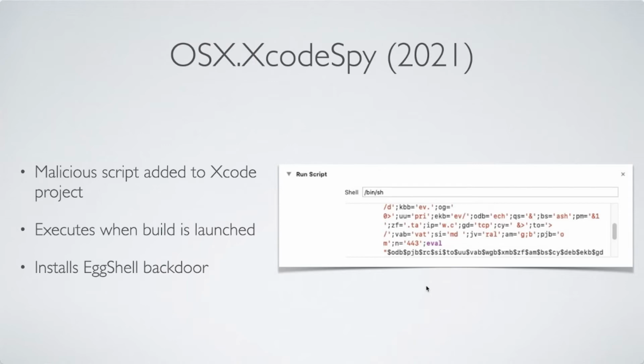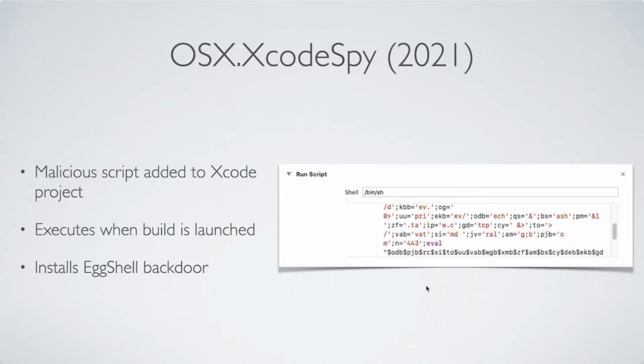EggShell is a so-called legitimate backdoor. It was used a lot by red teamers, or by security researchers who were interested in experimenting with backdoor code.